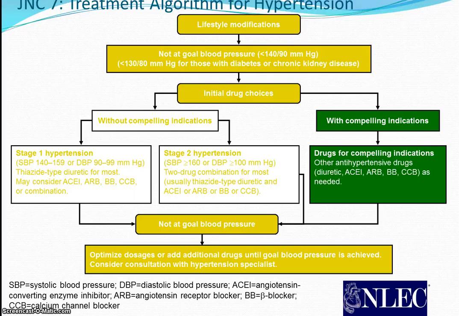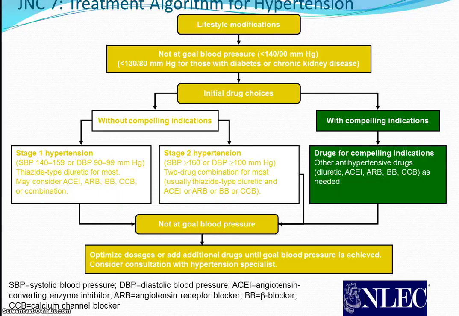If they don't have compelling factors, that means they don't have any of those diseases that go along with untreated hypertension, right? That's things like stroke, cardiovascular disease, things like that. If they don't have those, that's without compelling indications, right?